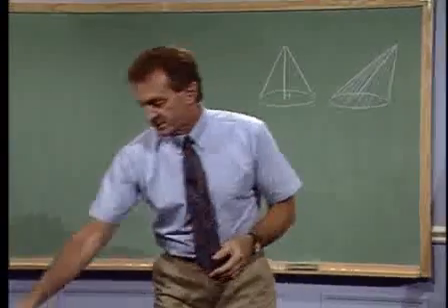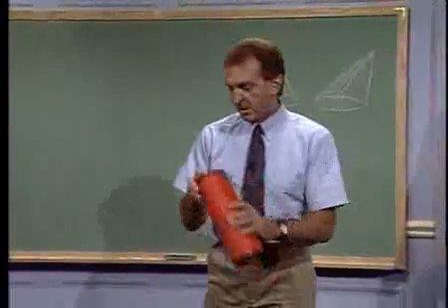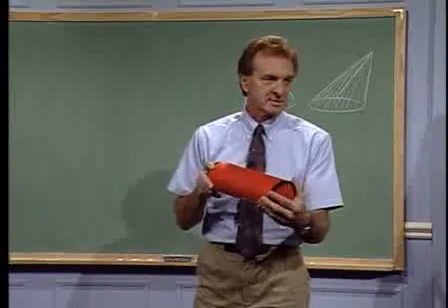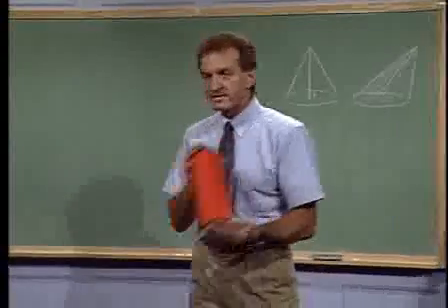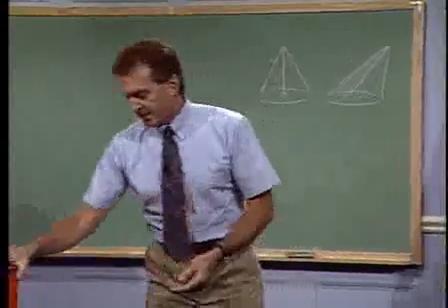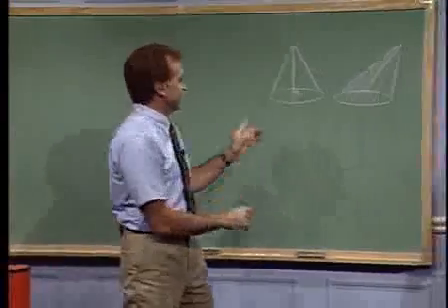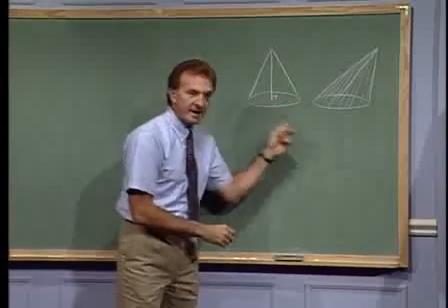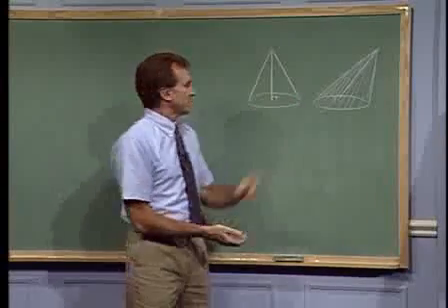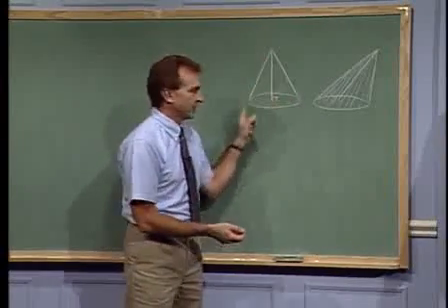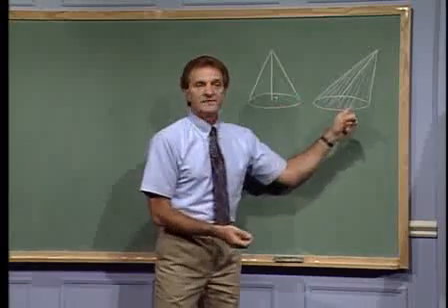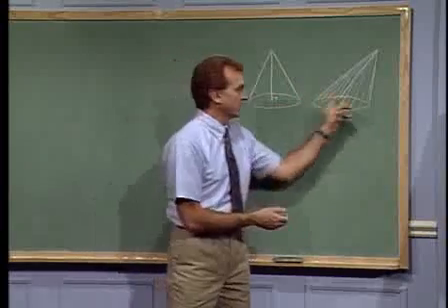A cylinder is a prism-like solid figure, only now with circular bases instead of regular polygons as a base. A cone is a pyramid-like solid figure with a circular base, or it could have an elliptical base. We have a right cone looking like this. We can also have an oblique cone looking like this.